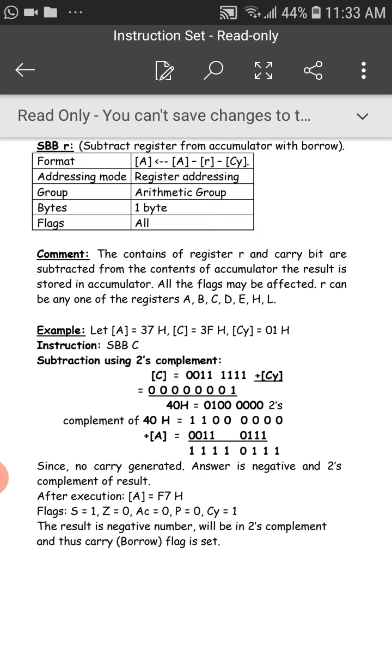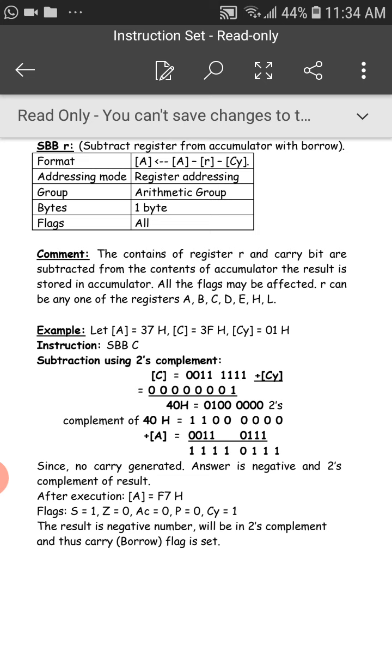So the flags are S equals 1, Z equals 1, auxiliary carry equals 0, P equals 0, and carry equals 1. The result is a negative number, so it will be in 2's complement, and thus the carry flag is set.